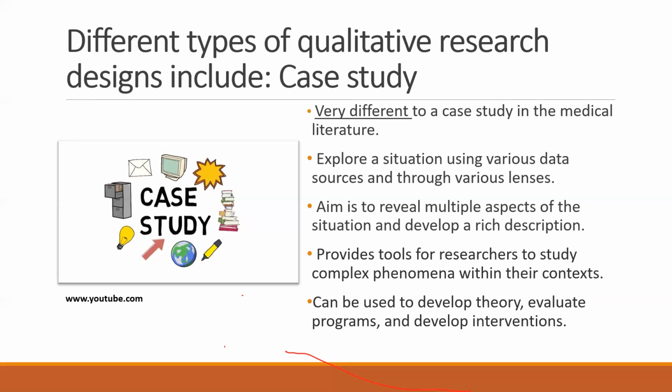This would provide tools for researchers to study complex phenomena. So you wouldn't do it for a simple intervention that you've introduced, but for studying complex interventions or complex phenomena, a case study is a very useful tool. It can be used to develop theories, evaluate programs, and develop interventions.